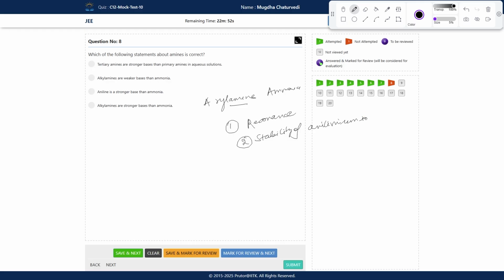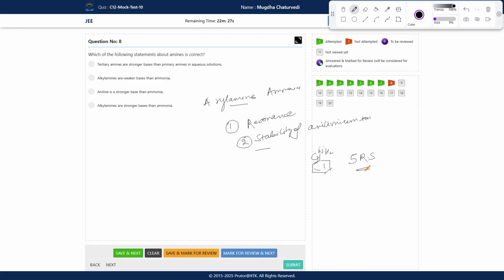If I talk about resonance, I have already drawn the resonating structures of aniline, NH2. The lone pair present on this nitrogen is delocalized into the benzene ring, which makes it less available for protonation. This has 5 resonating structures.